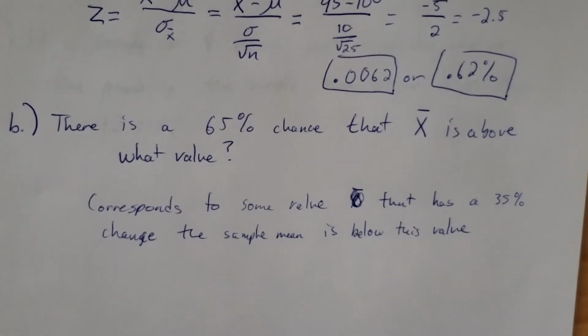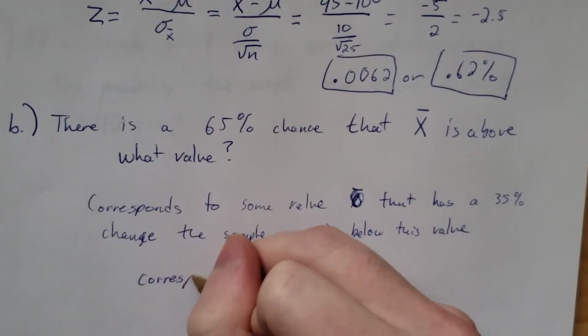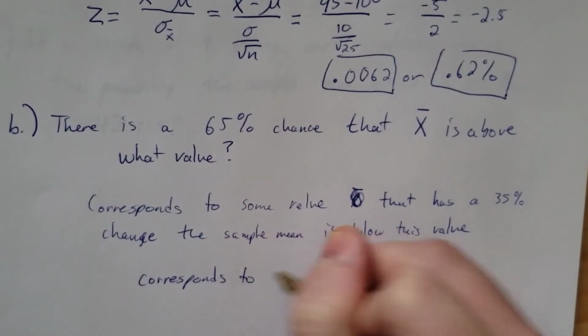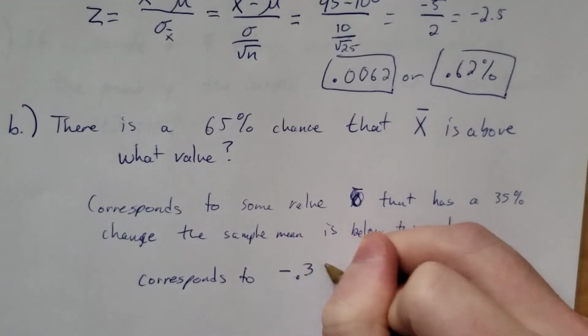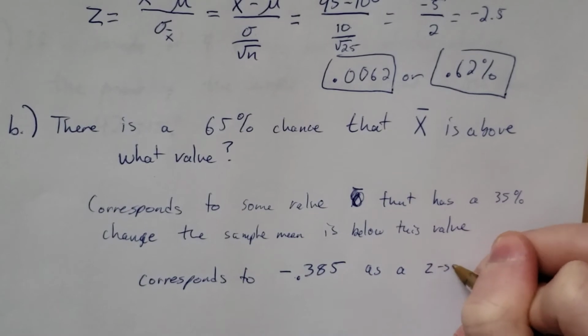We have to look back at that table again, and we look for where a 35% chance, or 0.35, shows up on that table. If we look for that, this corresponds to negative 0.385 as a z-score.